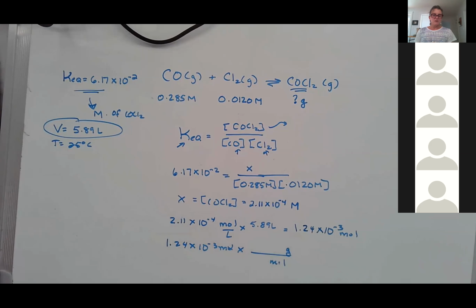That's 12.01 plus 16, and then chlorine's 35.45 times 2. So I get 98.9 for the molar mass. And so my answer is 0.123 grams of the gas.